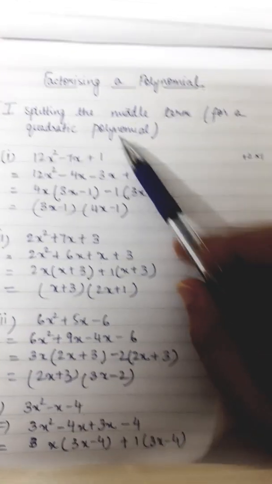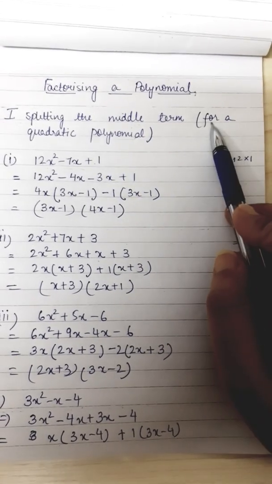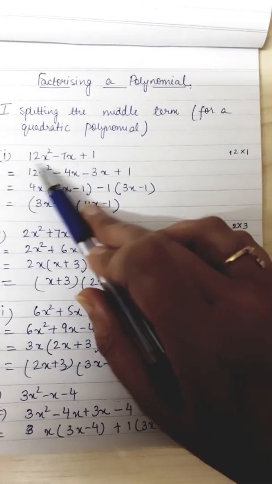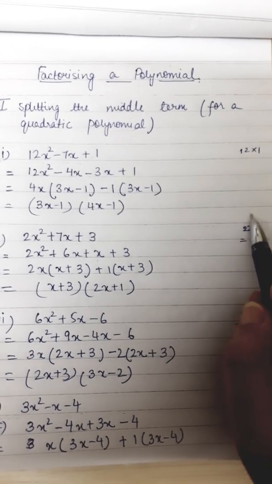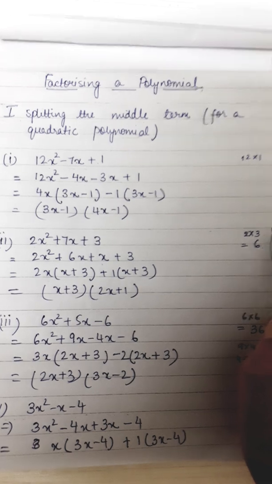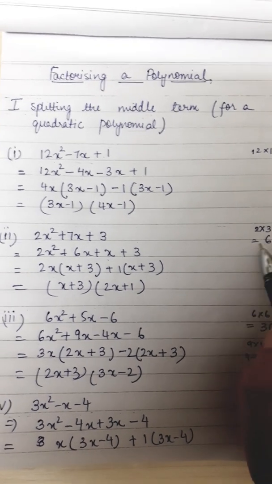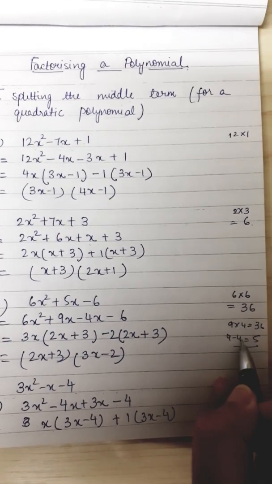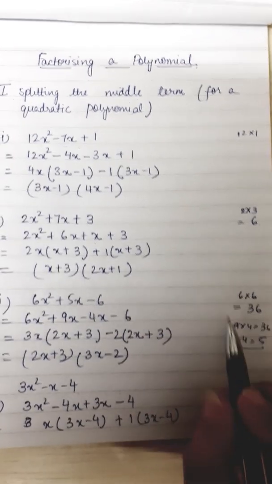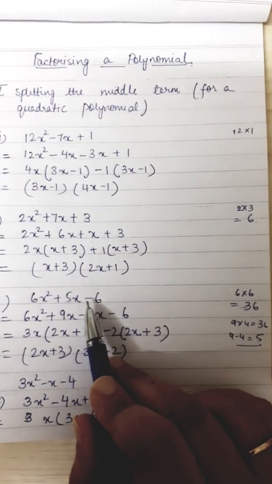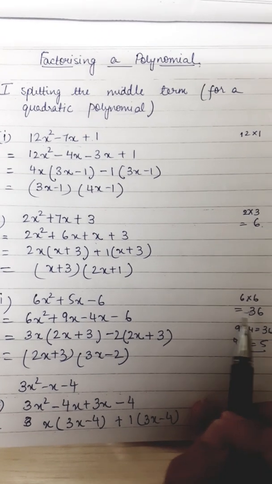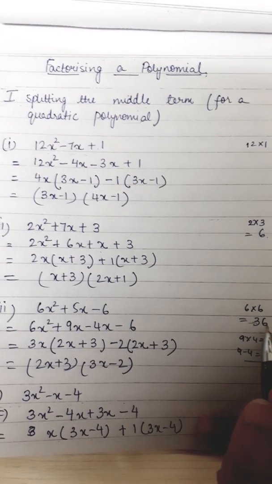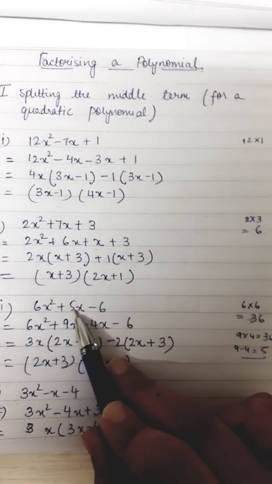So in the first method, splitting the middle term, you first have to find the product of the extreme terms, find the factors of this product, and see which of the factors, when you add them, give you the middle term. Like 6 into minus 6 is minus 36, and you then try to find the factors of 36. It can be 18 and 2, but 18 and 2 will not give me 5x.